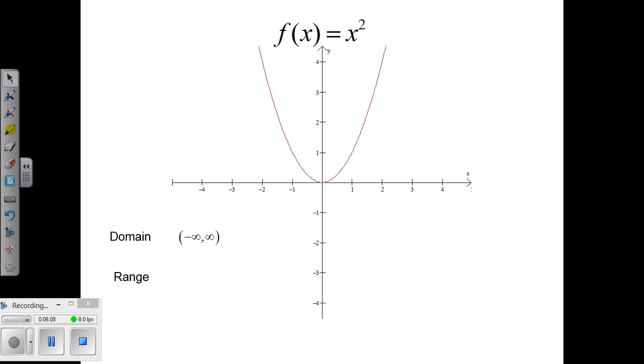It only spits back positives, so the range, just like absolute value, is only positive values. And again, it doesn't know the difference between 3 and negative 3. It's stupid. It's symmetric about the y-axis, okay? Would we ever have to worry about symmetry about the x-axis? No, because then it wouldn't be a function, would it? Because it would fail the vertical line test.